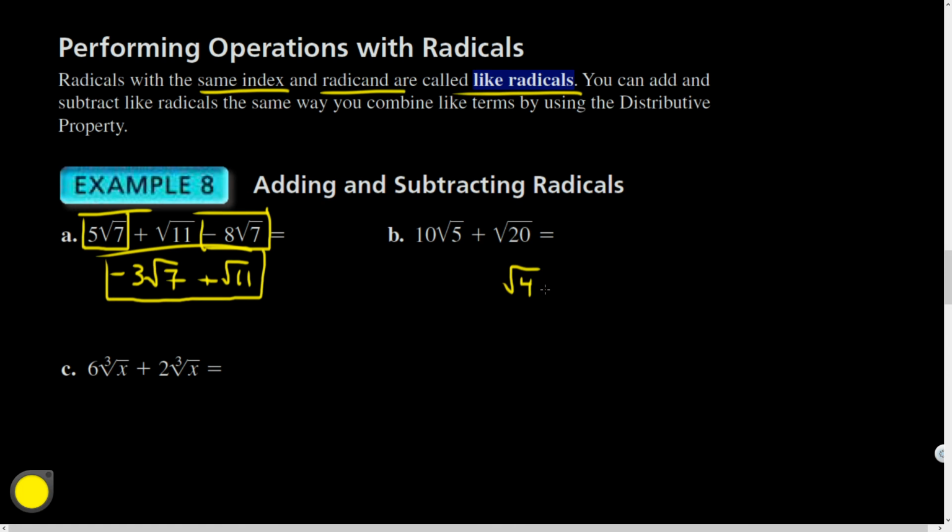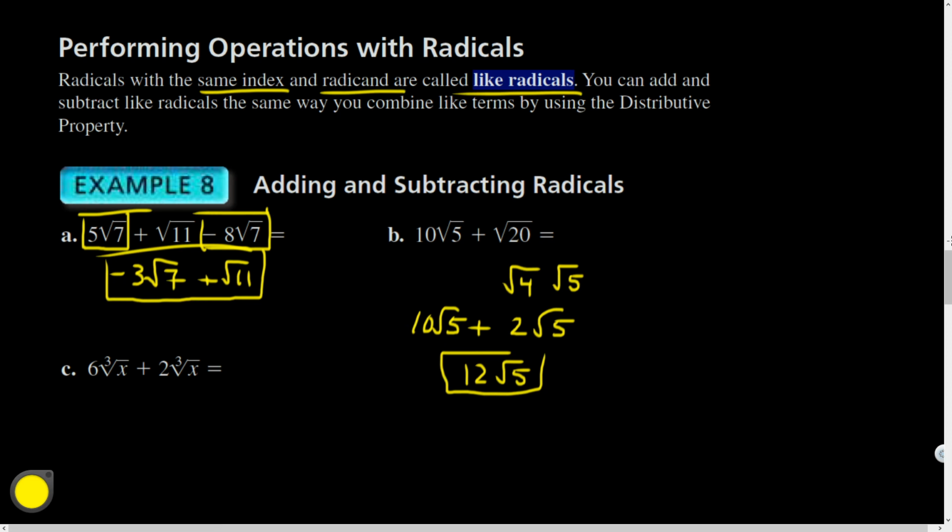Square root of 4 goes into that. And the square root of 4 is 2, and so I'd have 2 rad 5, and that is a like radical with 10 rad 5. And so I could combine those. That's a total of 12 rad 5s that I could combine.